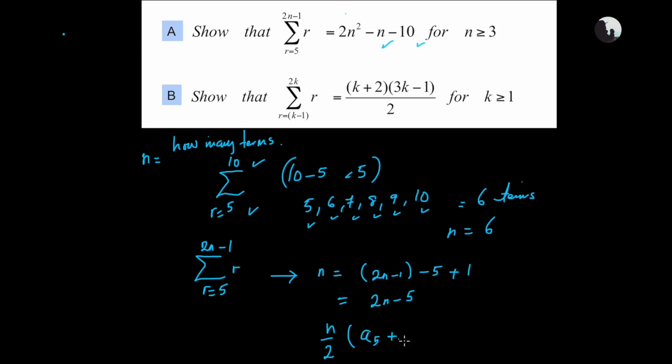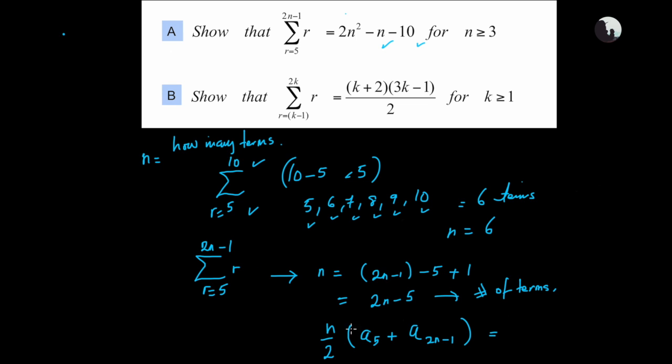While for your n terms, you really have to be careful here, because your last term will always be 2n minus 1, okay? So it's 2n minus 1. Therefore, it's not 2n minus 5, because 2n minus 5 is your number of terms, okay? Because your last term will always be 2n minus 1 in this case.